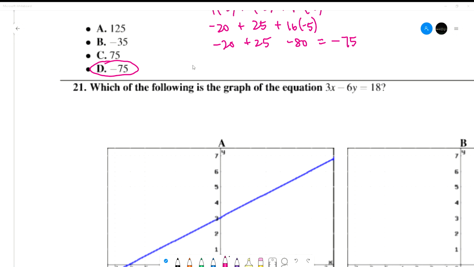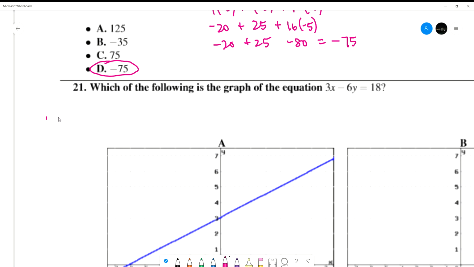And the way you do that is by substituting 0 for either one, right? Or I like to do the cover-up method. Remember how I showed you can cover up whichever one's 0? For example, if x is equal to 0, 3 times 0 is 0. So I cover up the 3x, and I have negative 6y is equal to 18, right?